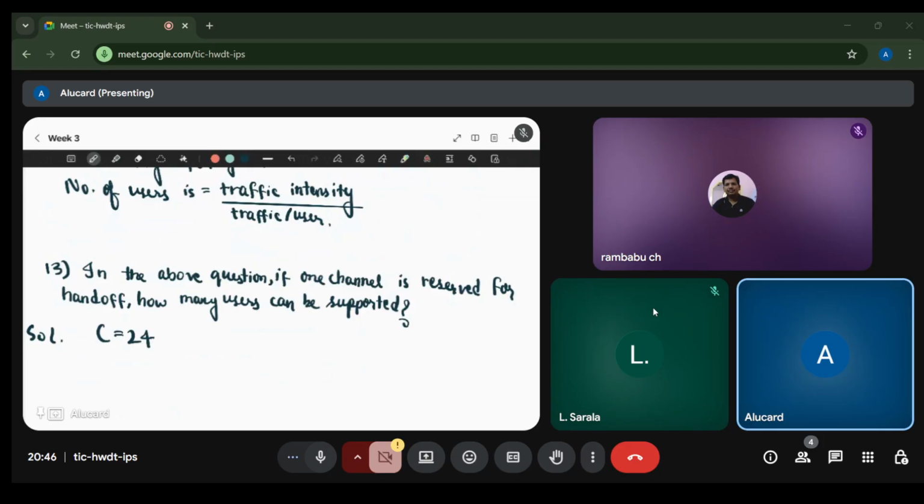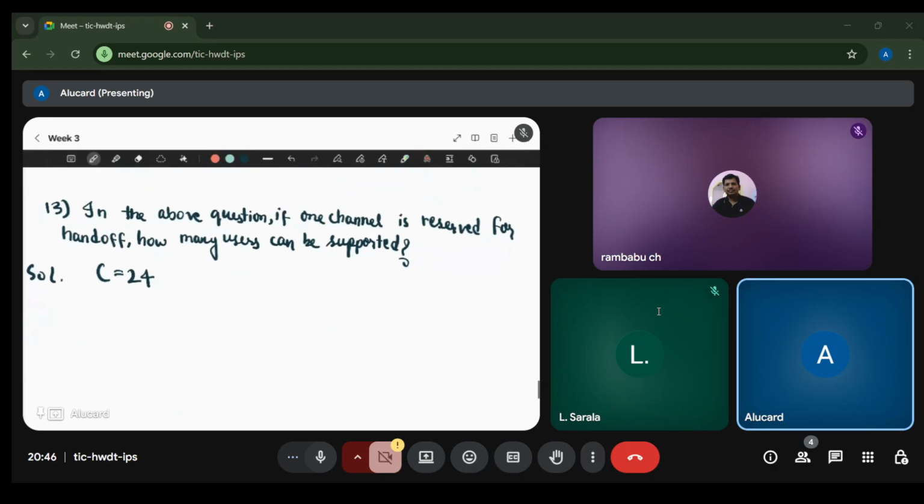The key takeaway is how much the loss of a single channel affects the number of users.